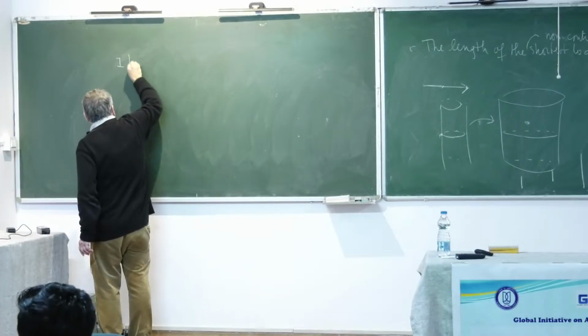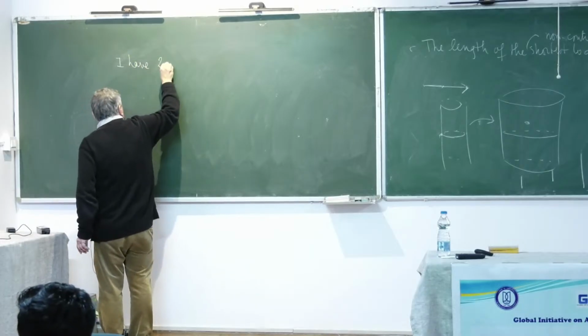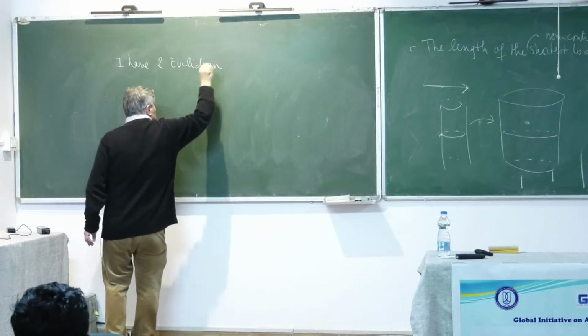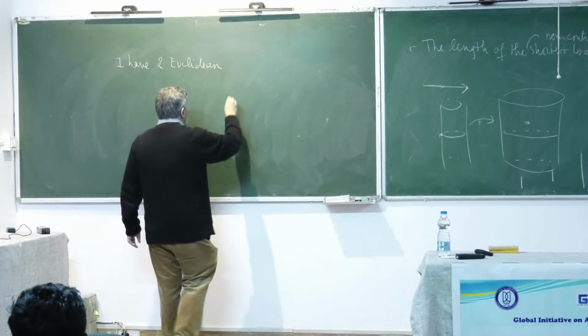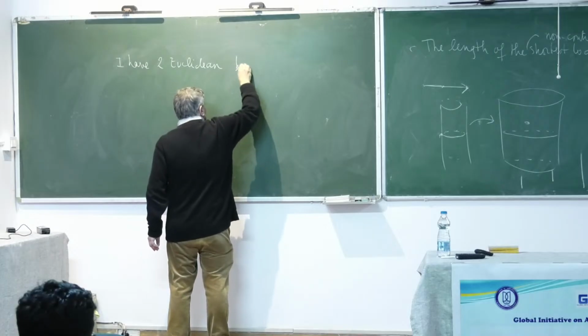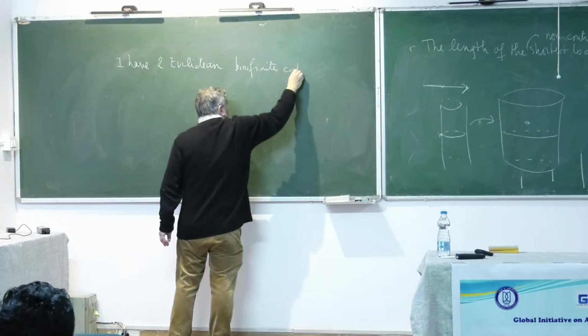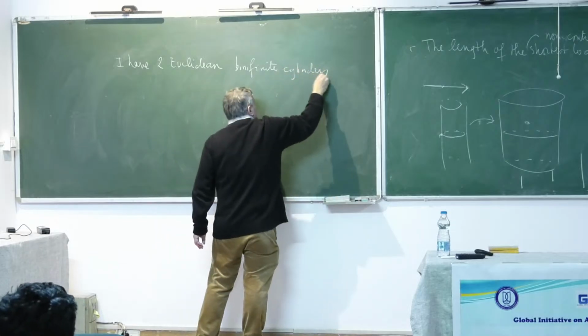okay, so I have two Euclidean bi-infinite cylinders.